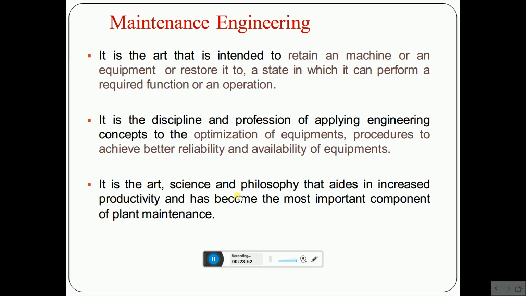So it is, of course, part of art and science and philosophy. It includes human factors, which covers the philosophy part. It includes mathematics, so that's where the science comes in. It includes the art, which is really about the mindset of an organization.